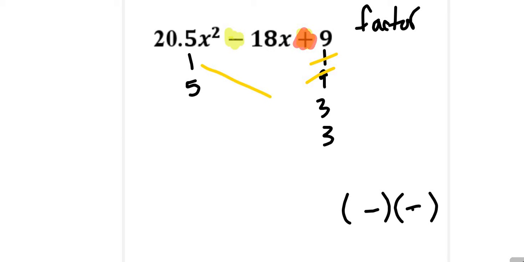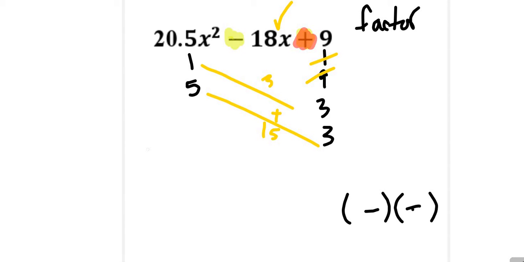Let's try this: 1 and 3. 1 times 3 gives us 3. 5 times 3 is 15. If I add 3 and 15, lo and behold, check. I know that those are the factors involved.